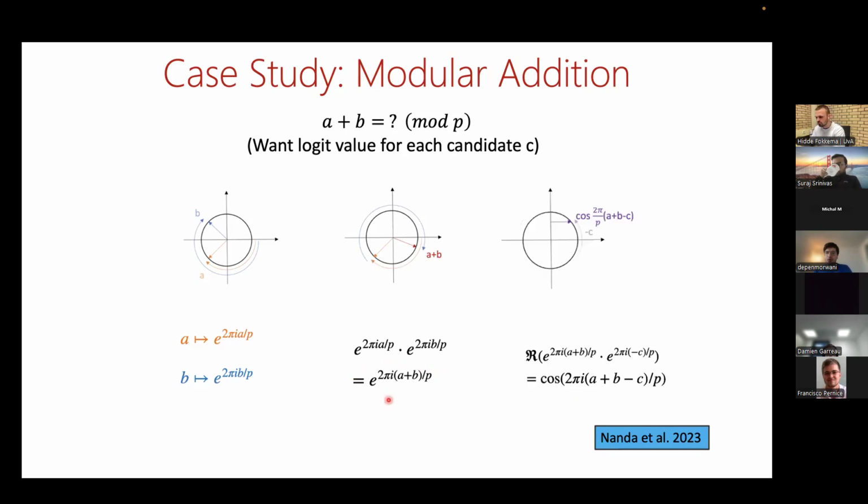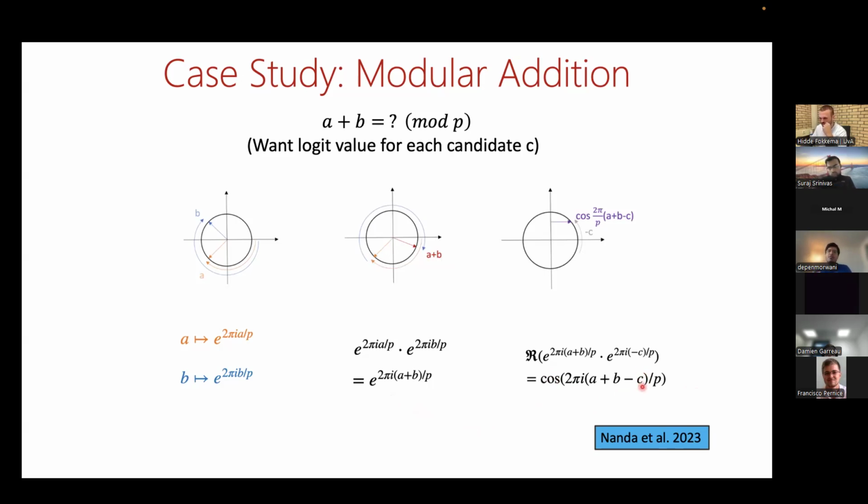Finally, at the output, it rotates it back by minus c. So for a given logit c, we rotate it back by minus c, so that the output is maximized at the point when c is a plus b mod p. So this is how a classifier works.